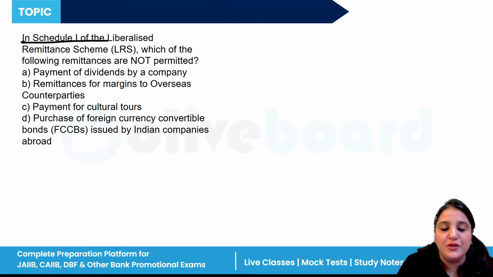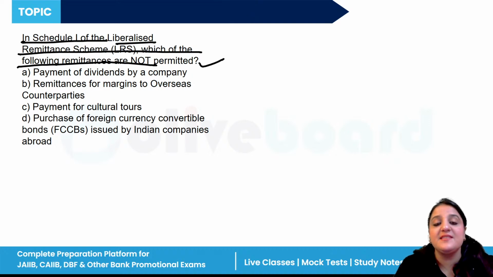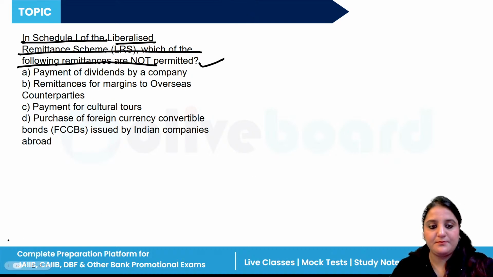In Schedule 1 of the Liberalized Remittance Scheme, which of the following remittances are not permitted?